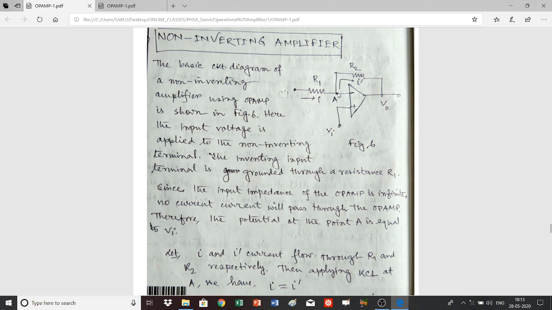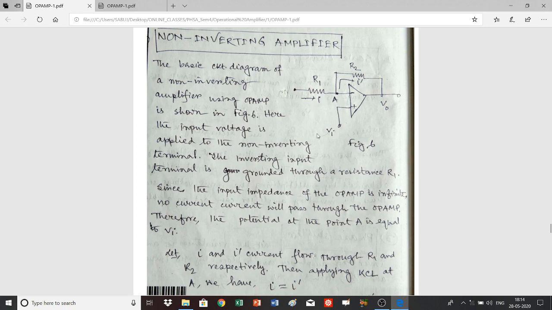And you also consider that the current passing through the resistance R1 is I, and that through the feedback resistance is I prime. Using KCL, Kirchhoff's current law, you can easily understand that I is equal to I prime. Further, since the input impedance of this op-amp is very high, no current actually passes through the op-amp, so this current will be equal to this current.